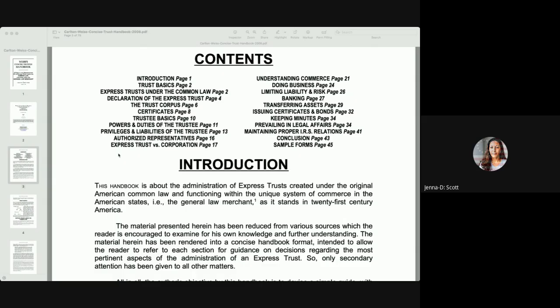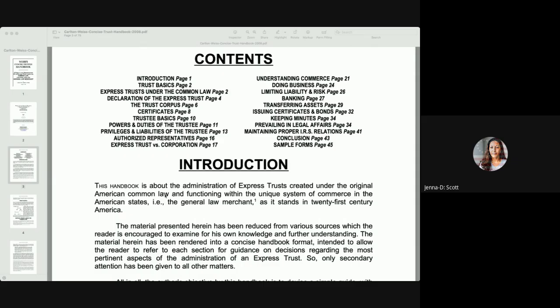Keeping minutes, page 34. Prevailing in legal affairs, page 34. Maintaining proper IRS relations, page 41. Conclusion, page 43. And sample forms, page 45. The entire document is 79 pages, so from page 45 to 79 are basically forms to utilize in the administration of a private express trust.